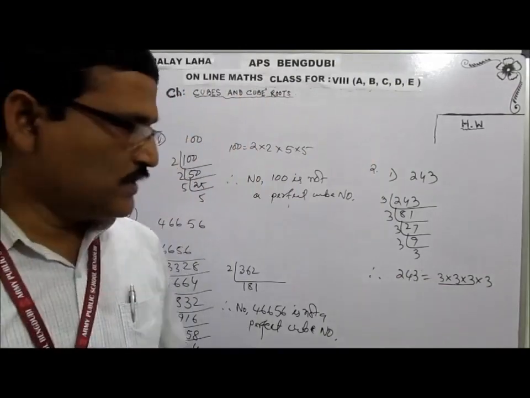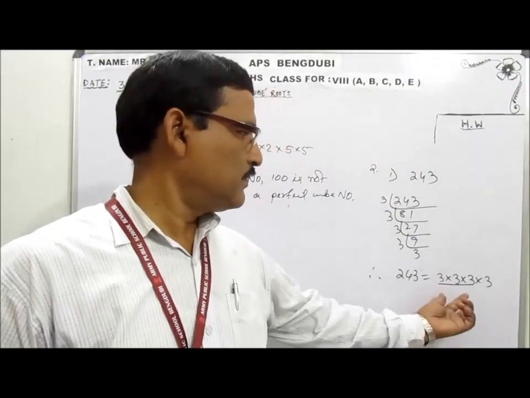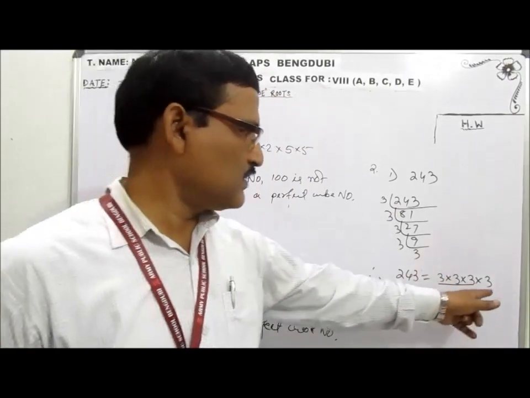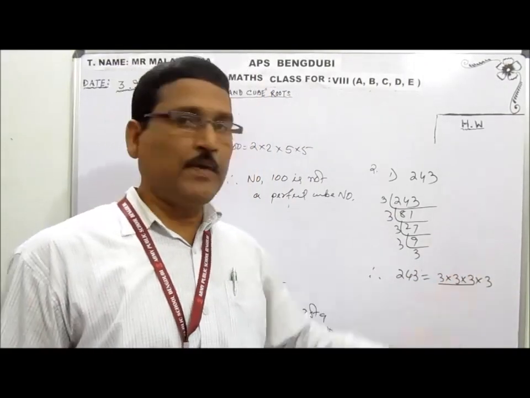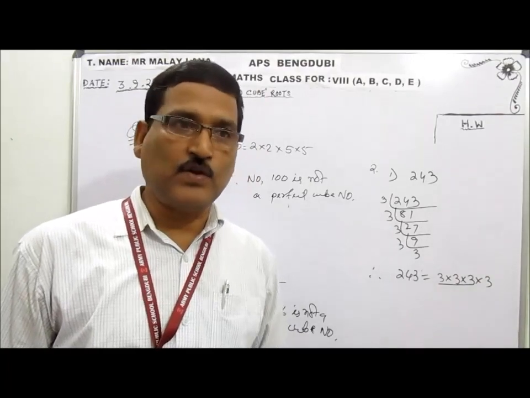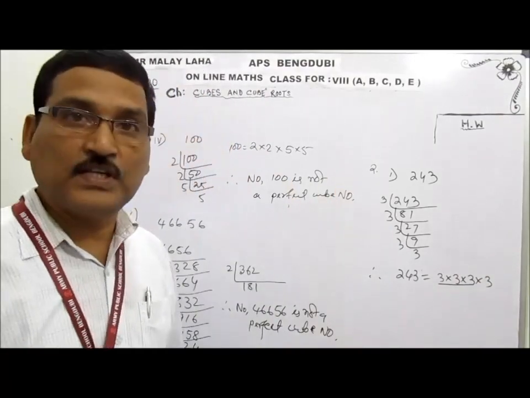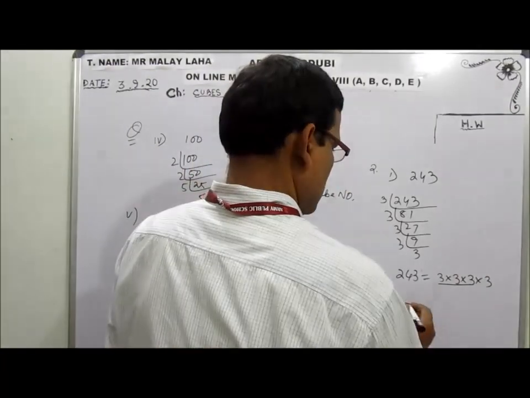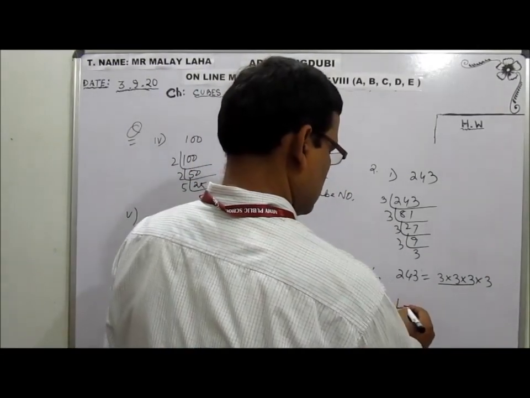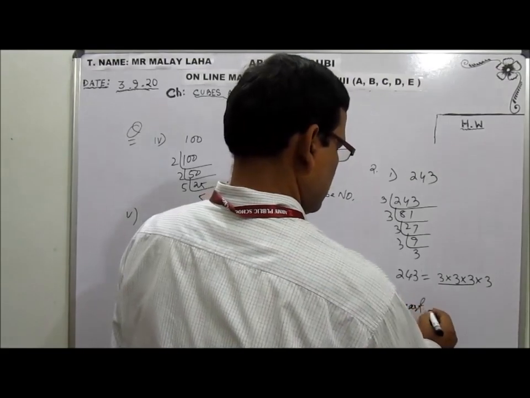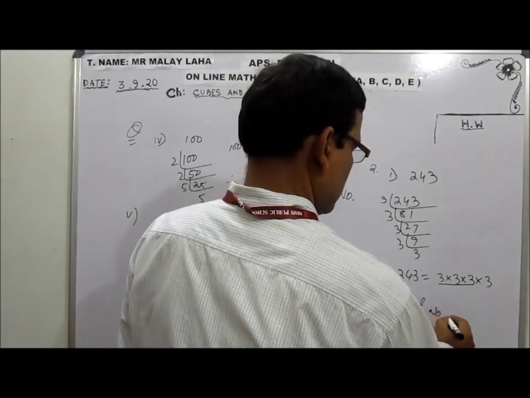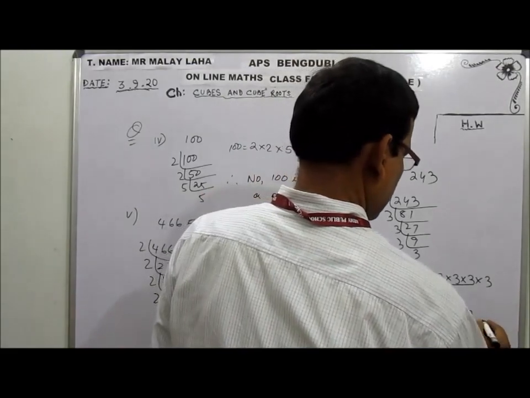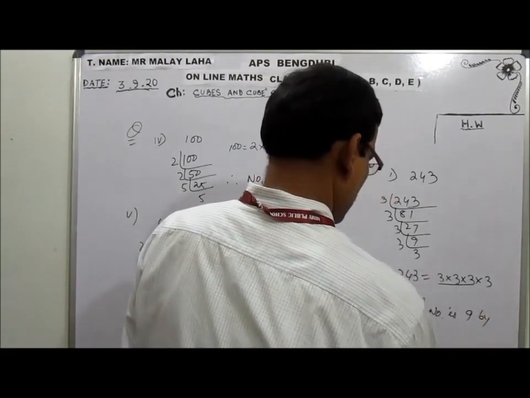So you see these three 3s are in a group, but the last ones are not. I have to make it a group. Then how many 3s are required? 2 more 3s. 3 3s are 9. So therefore the least number is 9.